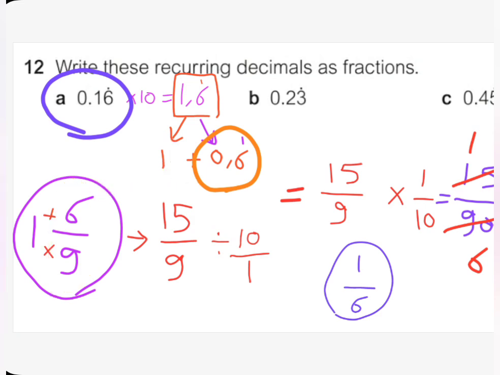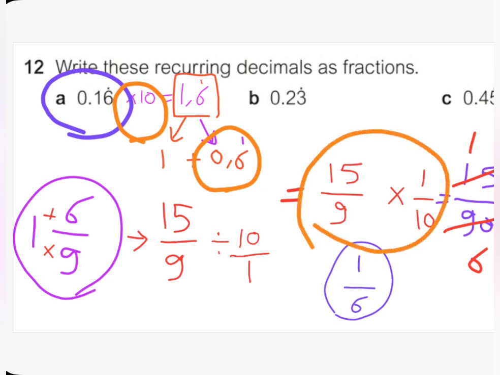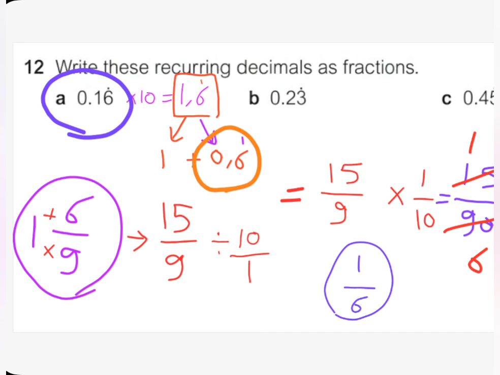And then we turned the mixed number into an improper fraction. And then we did the opposite, which is divide by 10. We turned it into multiplying by 1 over 10. And then we got 15 over 90, which is 1 over 6. And this is how you answer a question like this.